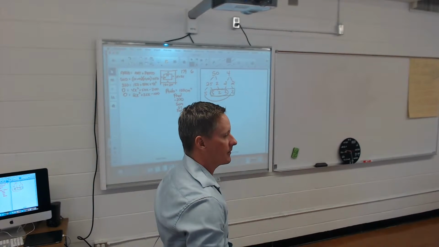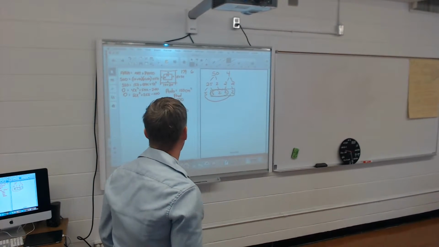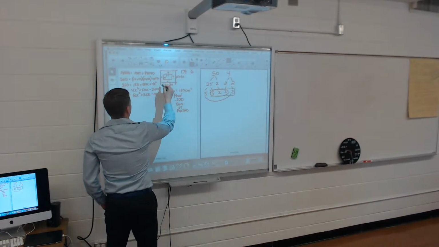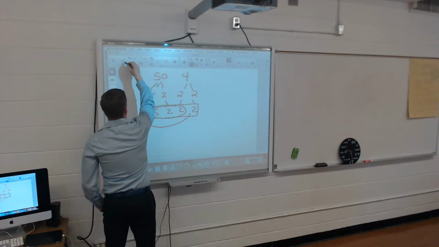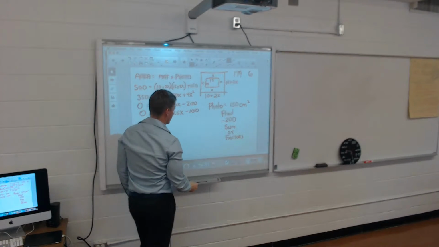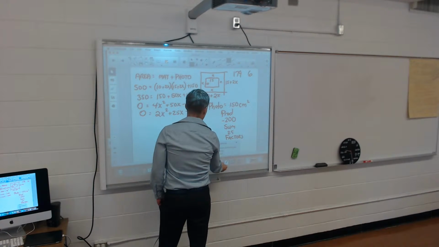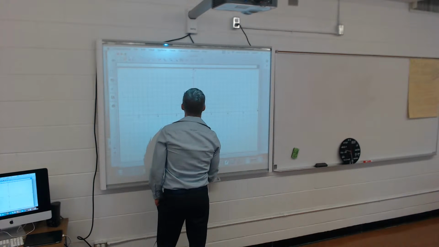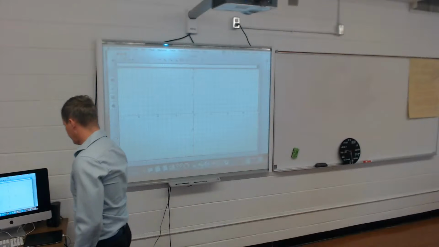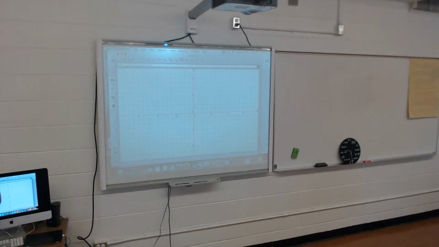Quadratic formula or graphing. So let's graph that and see if we can find our zeros. I'm going to try and graph it on here. What would the equation be?